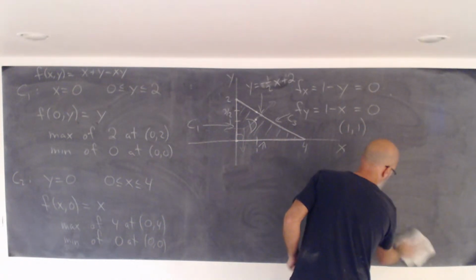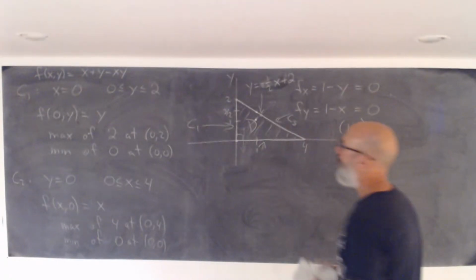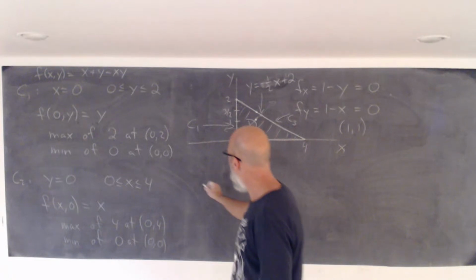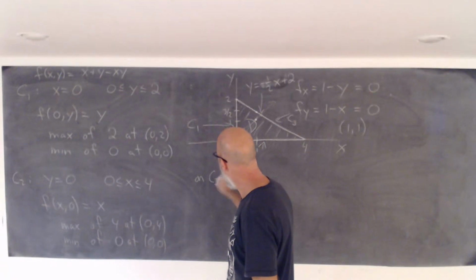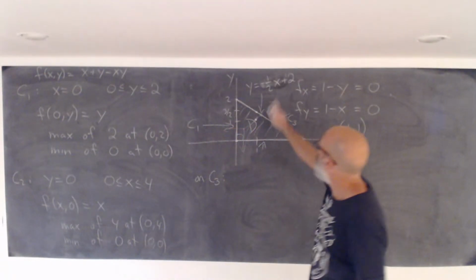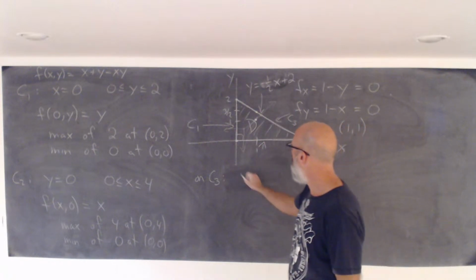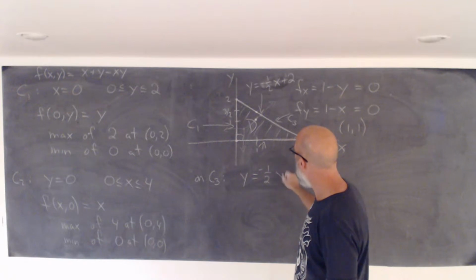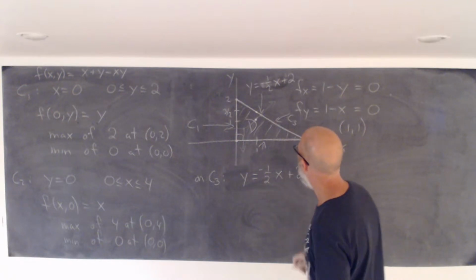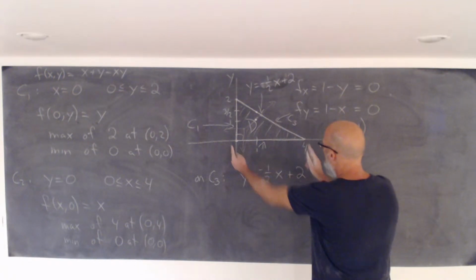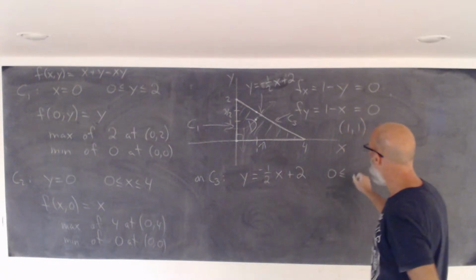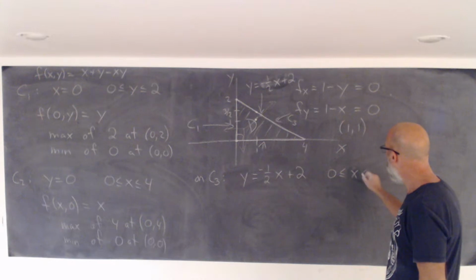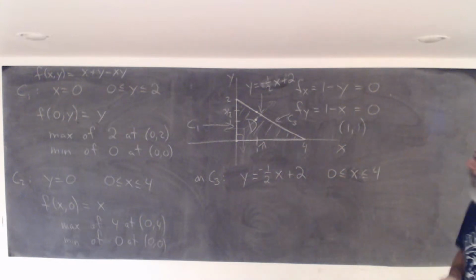Finally, on C3, y is minus 1/2 x plus 2, where x is between 0 and 4. Right?